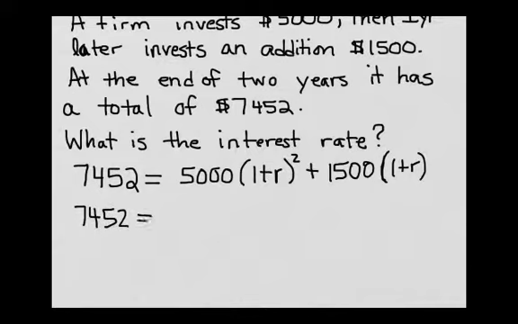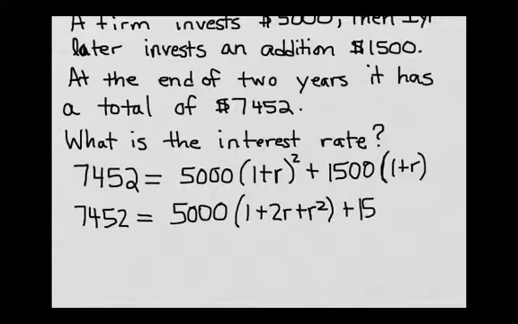So the first thing we're going to do is multiply out that binomial (1 plus R) squared. And that's going to give us 1 plus 2R plus R squared. And we're still going to be adding on 1,500 times (1 plus R). And in the next step, we're going to distribute to get rid of those parentheses.